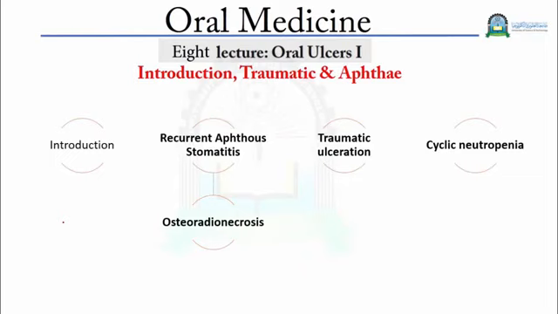We will talk about the introduction and also recurrent aphthous stomatitis, traumatic ulceration, cyclic neutropenia and osteoradionecrosis. All these are ulcerative lesions, and I will emphasize in the lecture the general clinical description of the lesions.